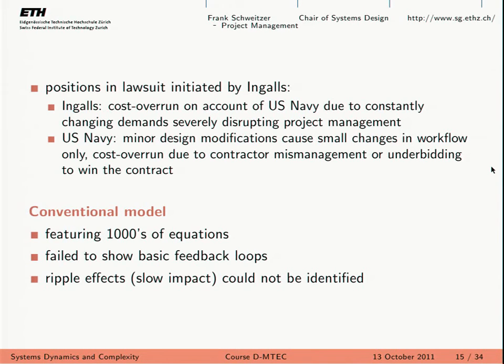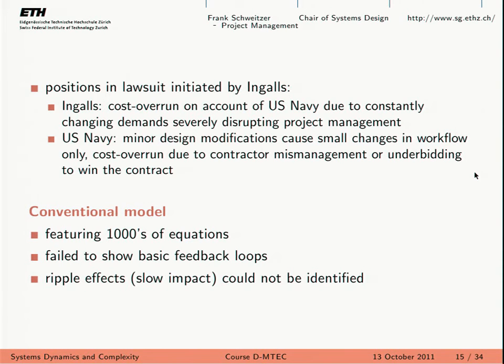They said, well, these are just small changes within a given task, so we're willing to pay whatever this kind of overwork for employees might have cost, the direct costs, but this in no way can be in the range of 500 million. Right? These were just small changes, and basically the company is at fault because they have bad project management. They don't allow enough buffers for their tasks, so if there is some delay, they cannot handle this, so it's bad project management on their side.